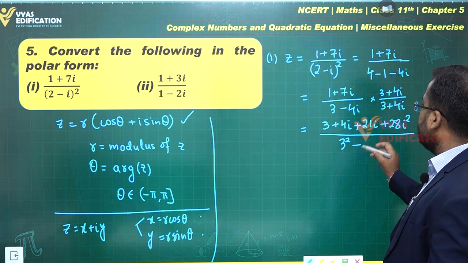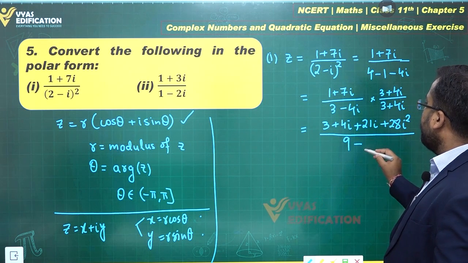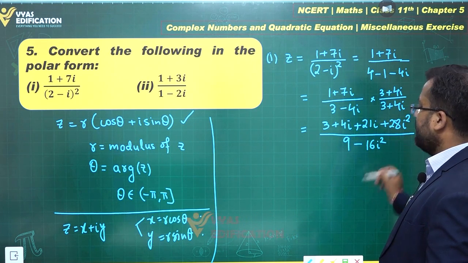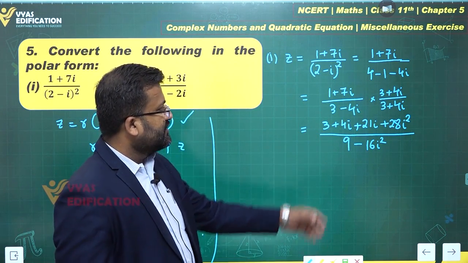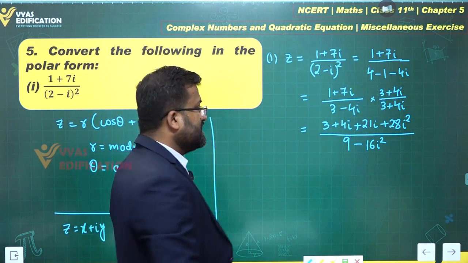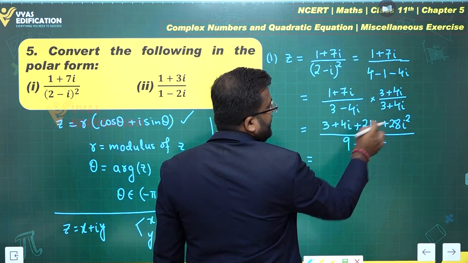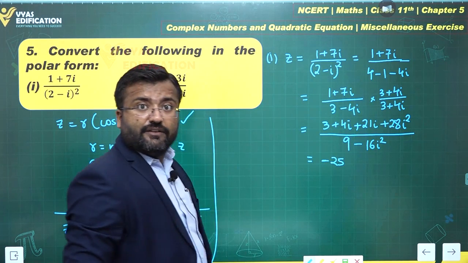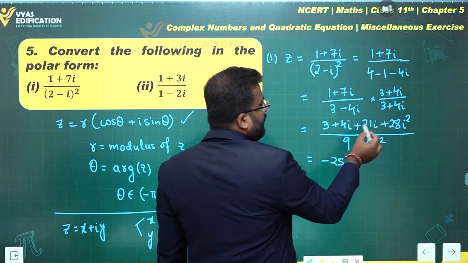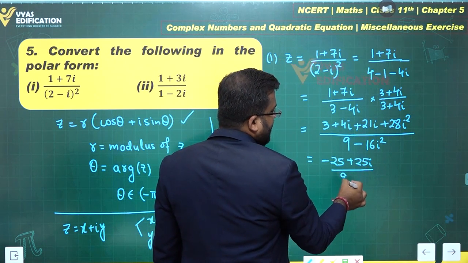minus b square, where a square is actually 9. 3 square is 9, minus 16 i square. 4i whole square would be 16 i square. Now i square is also equal to minus 1, as you may recall. So this is minus 28, and 3 minus 28 would be minus 25. 4 plus 21 is plus 25i, and the denominator is 9 plus 16.